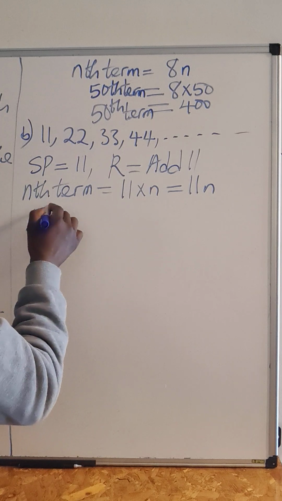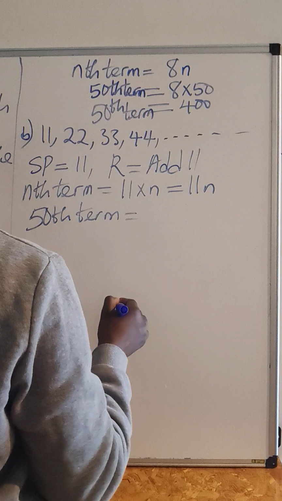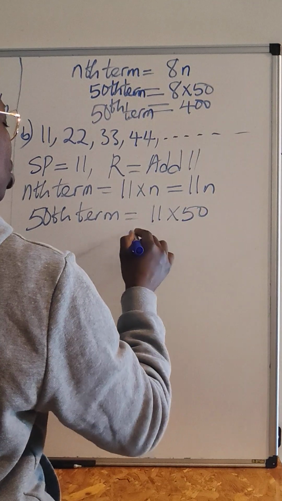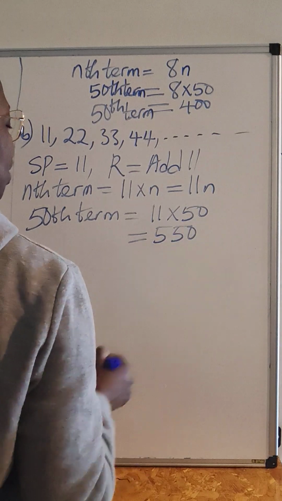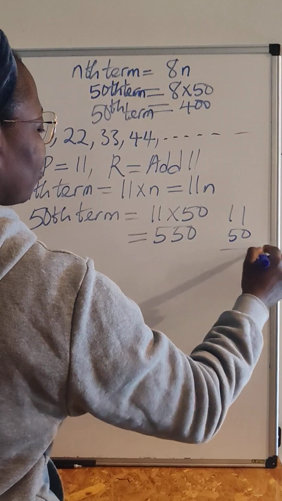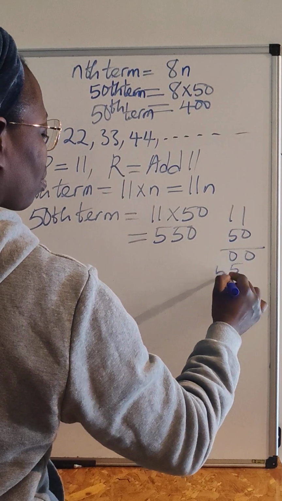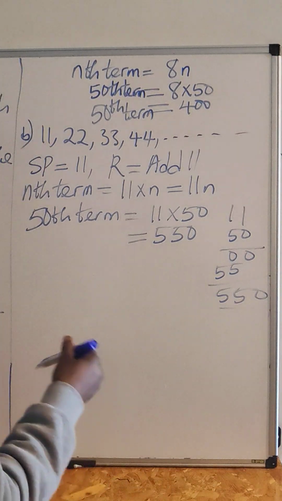So for the 50th term of the second sequence, we're going to write 11 multiplied by 50, which gives us 550. 11 by 50, and we have 550.